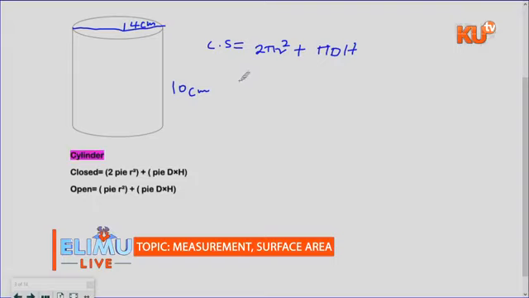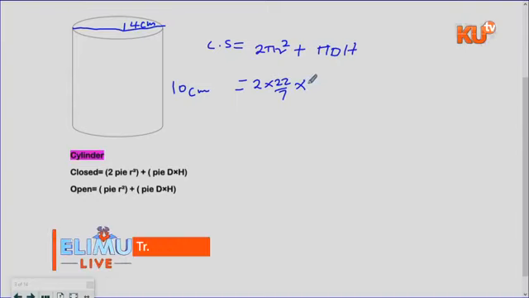So you come here to take 2 times 22/7 times the radius. Now that the diameter is 14, the radius is going to be 7, because to get the radius we divide the diameter by 2. So it is r squared. R squared means r times r, not r times 2.